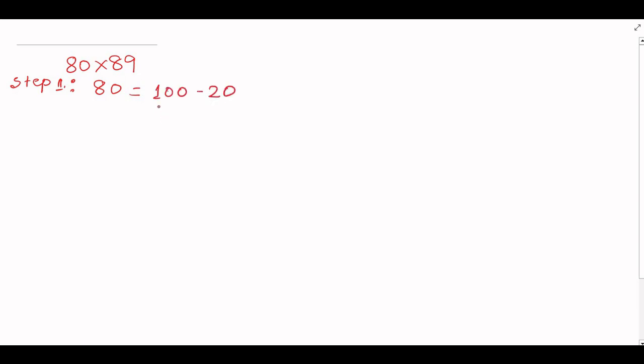That means from 100 we subtract 20 to get 80. Same way, 89 is equal to 100 minus 11.